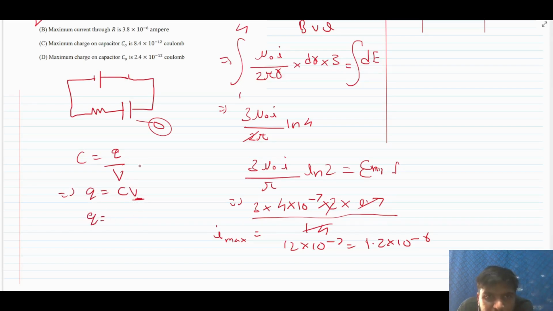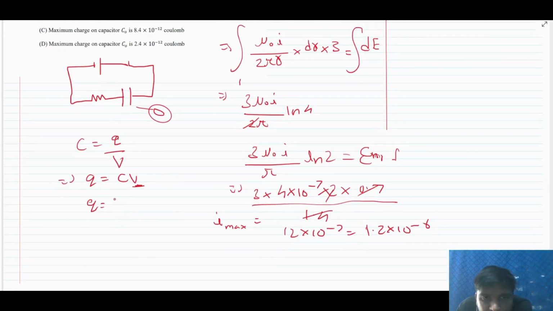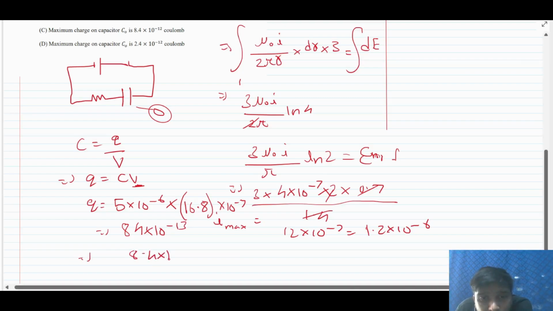So Q will be equal to C, which is given as 5 microfarad, so 5 into 10 to the power minus 6, into this 3 into 12, 24 into 0.7. 24 into 0.7 is 16.8 into 10 to the power minus 7. If we multiply it with this 5 into 10 to the power minus 6, we get 84 into 10 to the power minus 13, that is 8.4 into 10 to the power minus 12.